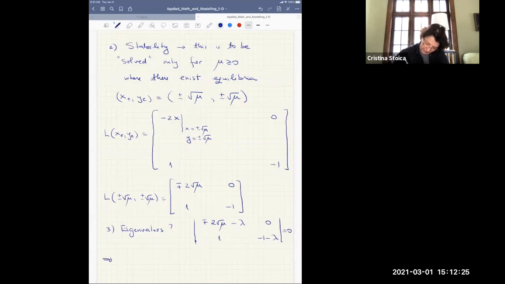So we end up with minus plus 2 root mu minus lambda times minus 1 minus lambda is 0, and blah, blah, blah. Lambda 1 is minus 1, and lambda 2 will be minus plus 2 root mu.